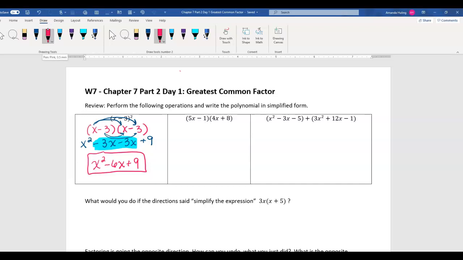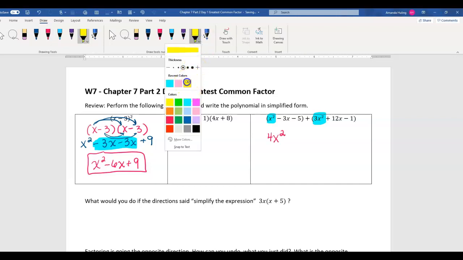On this third one, it's asking us to add the trinomial. So technically, since I'm adding, I don't really need to worry about these parentheses. So I'm going to go ahead and just combine like terms. And 1x squared plus 3x squared is 4x squared. The next term I see is negative 3x.